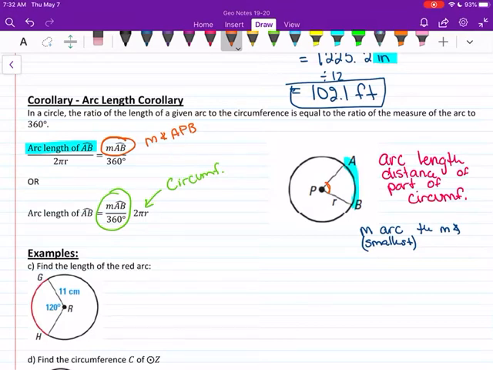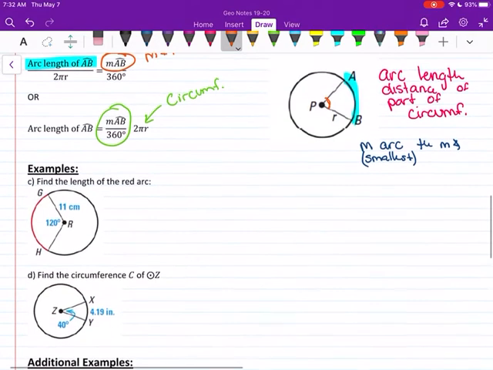Okay, so let's look at some examples. Our first example says, find the length of the red arc. So I am looking for the measure of arc GH, or the length of arc GH.